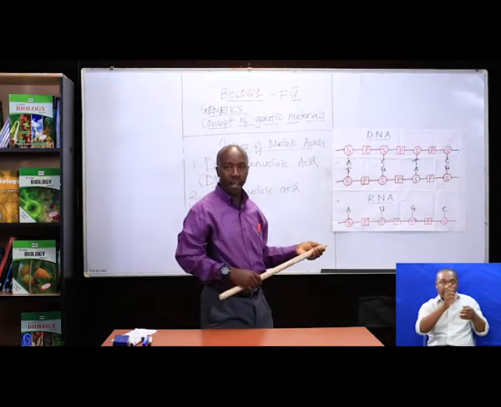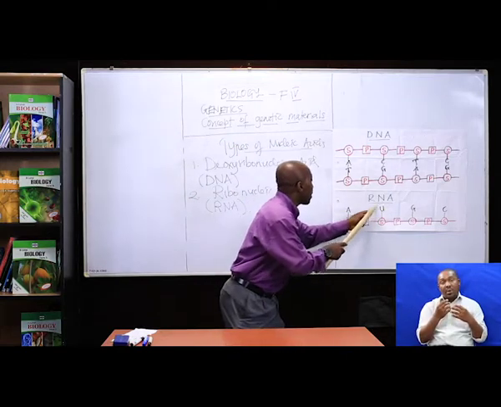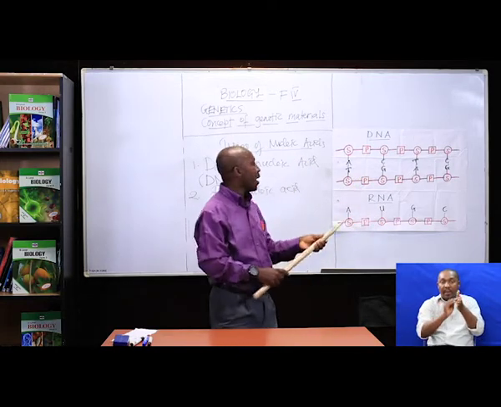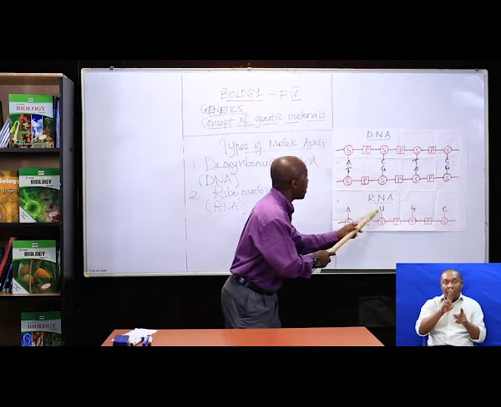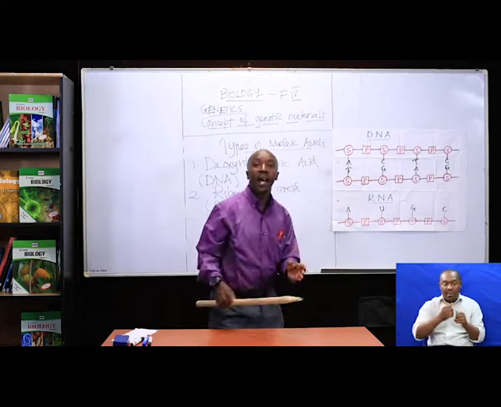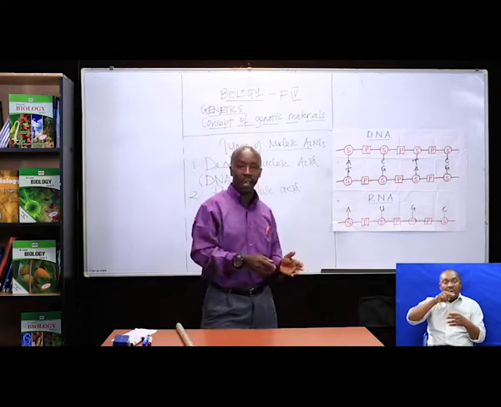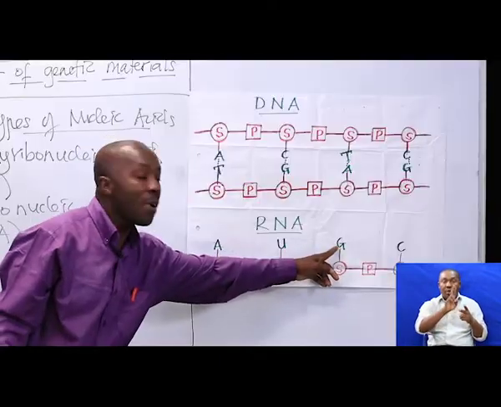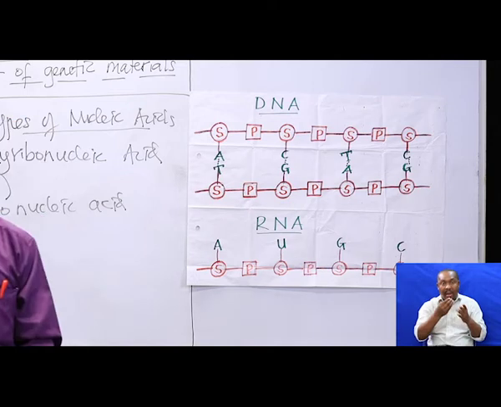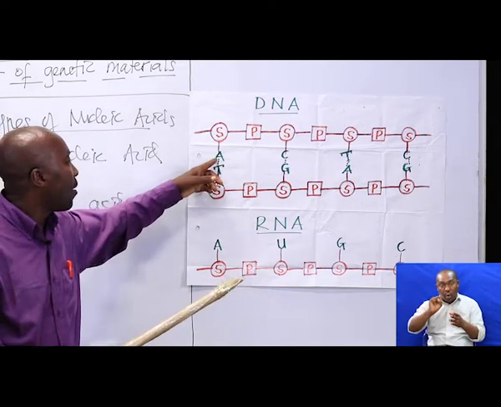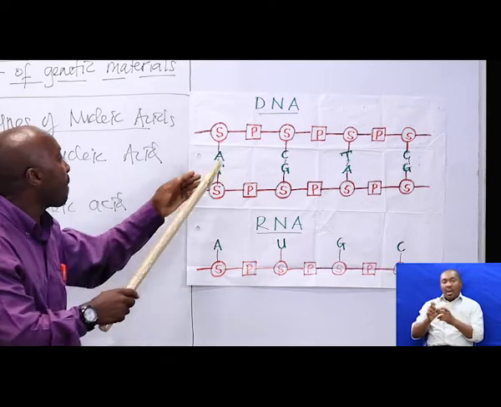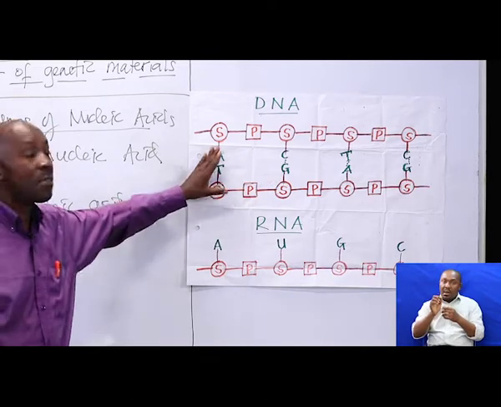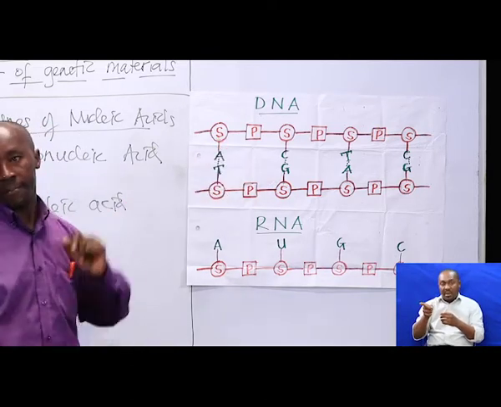But in RNA, the position of T has been replaced by uracil. Instead of thymine, there is uracil. So the organic bases of RNA are adenine, uracil, guanine, and cytosine, while the organic bases of DNA are adenine, thymine, cytosine, and guanine. No uracil in DNA.